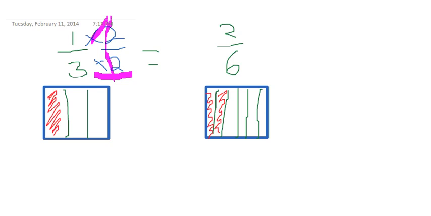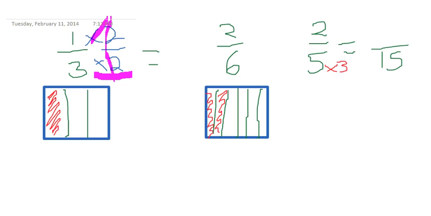If I had 2/5 equals something 15ths. No picture necessary. What did we do to get to the 15? We actually multiplied it by 3.